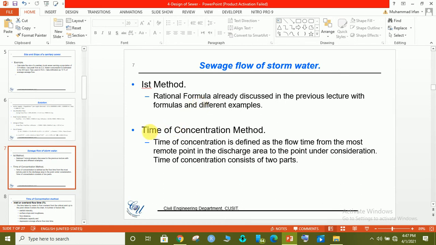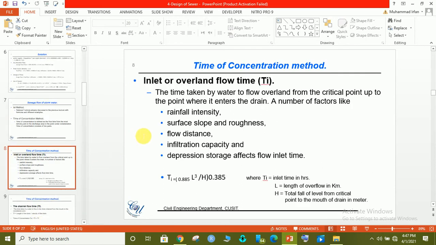in the previous lecture. The second one is the time of concentration method. The time of concentration method is defined as the flow time from the most remote point in the discharge area to the point under consideration. The time of concentration consists of two parts, which is inlet flow time, the time taken by the water to flow over land from the critical point up to the point where it enters the drain.